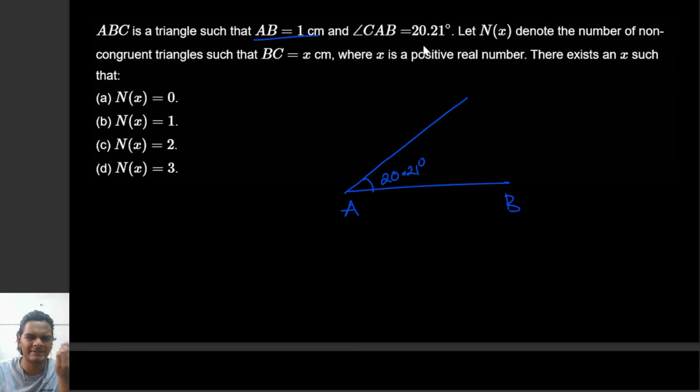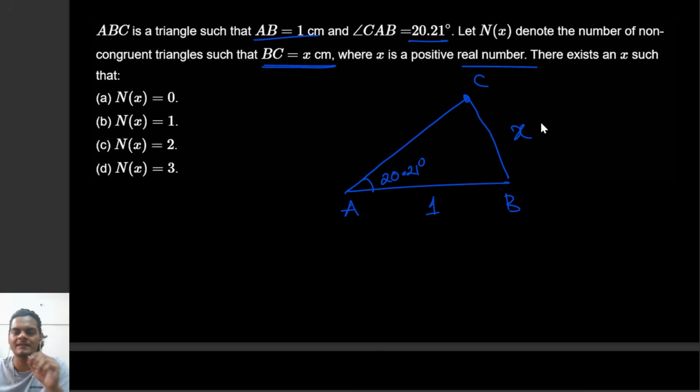So I suppose this was a question on the 2021 paper. Let n of x denote the number of non-congruent triangles such that BC is equal to x centimeters, where x is a positive real number. Now we are given that this is 1 and this is C and BC happens to be x.